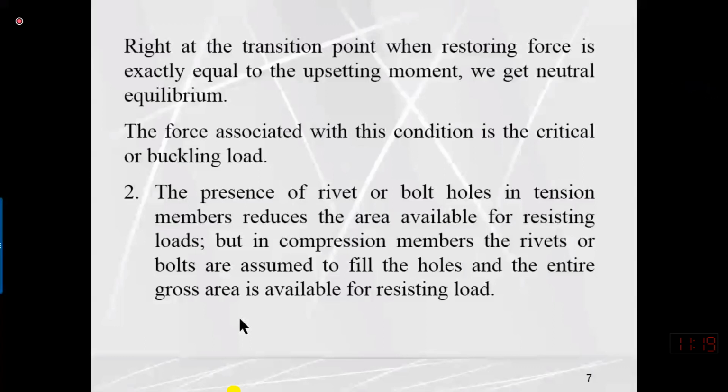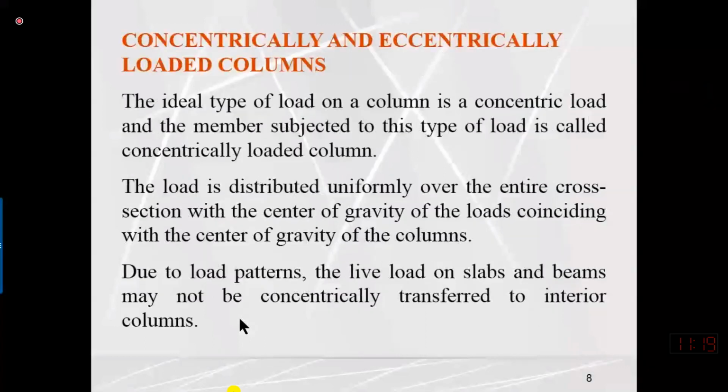So if our column, an axially loaded compressive member, is having some imperfection, then these imperfections may reduce the capacity also. These imperfections may be of two types.